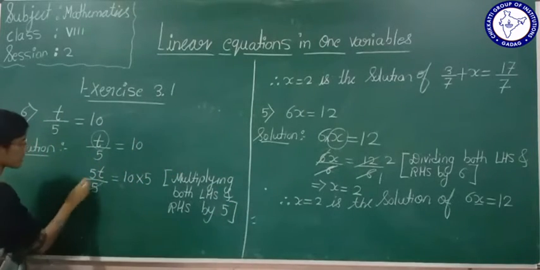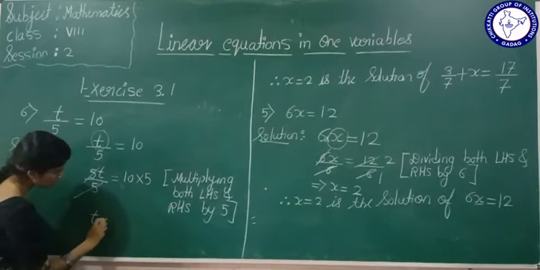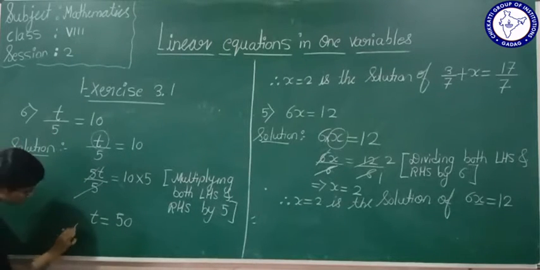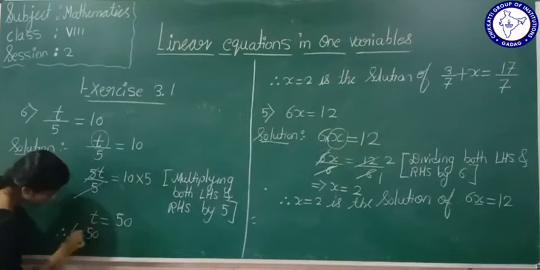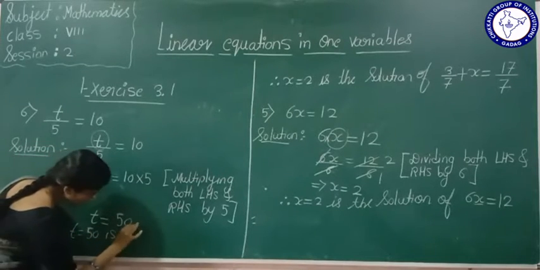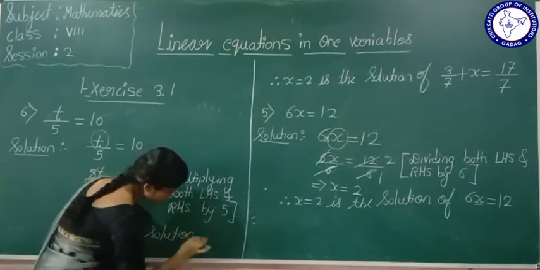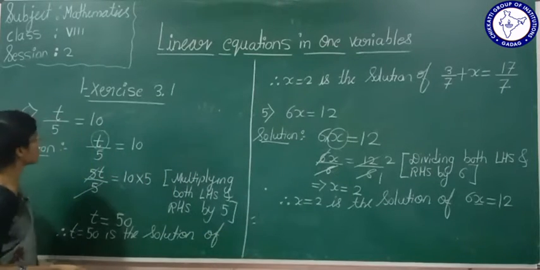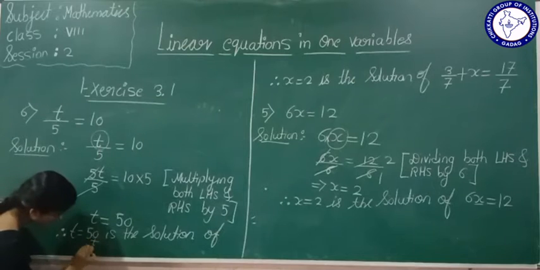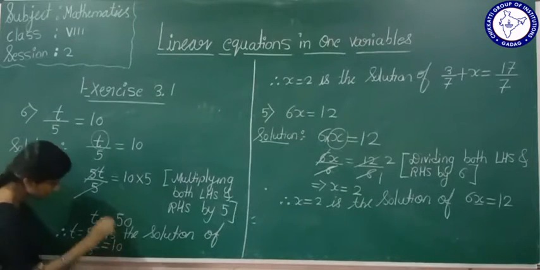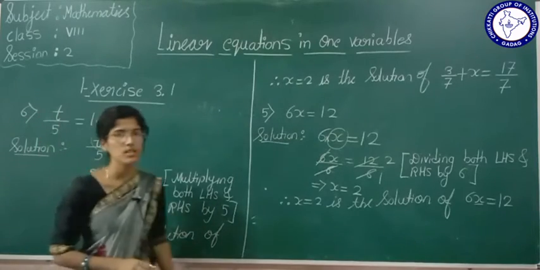Now see here, 5 will get cancelled. t is equal to 50. Therefore, t is equal to 50 is the solution of the equation t by 5 is equal to 10.